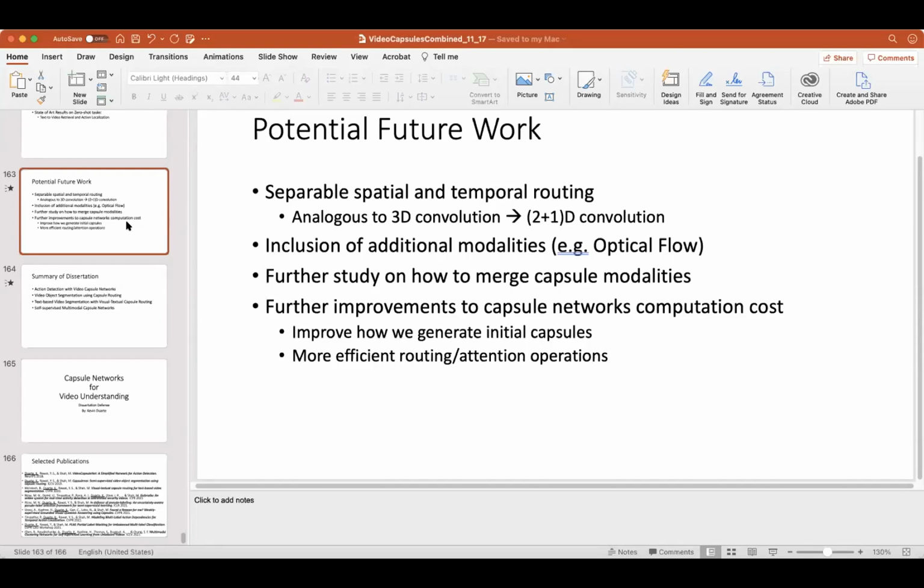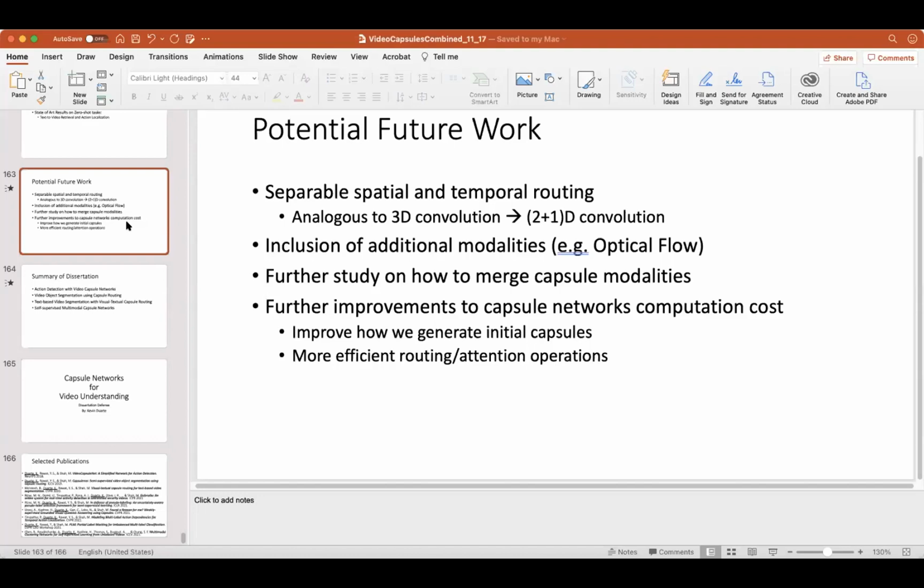I think such an idea could work, perhaps making it more efficient than the standard routing operation. Yeah, I guess you could do something like that. It's difficult to say how much better it would be than some iterative routing procedure in terms of performance, but you could do something like that.